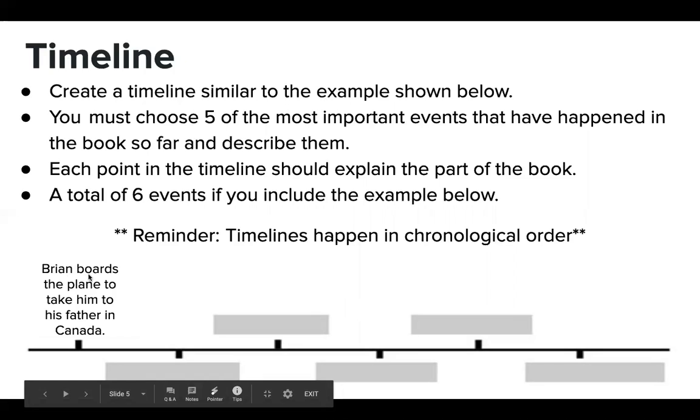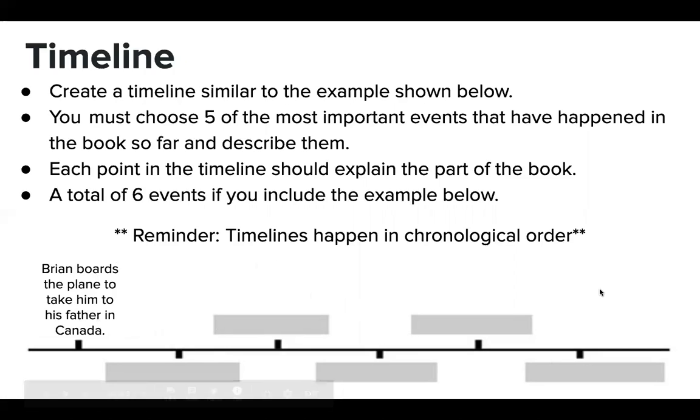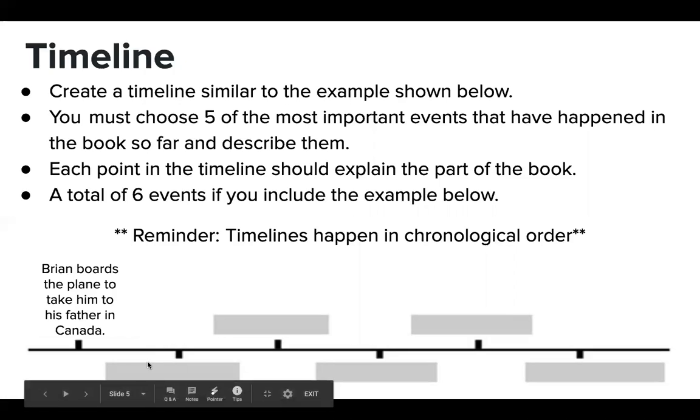It doesn't have to be a super long description. It can just be a 1-sentence description about what the event was. You have the example there, but you need to come up with at least 5 more. If you have more than that, because there have been a lot of things that happened in the book, you can definitely add more than 5, but you need to have at least 5 important events. And that is your third activity for today, to do that timeline.